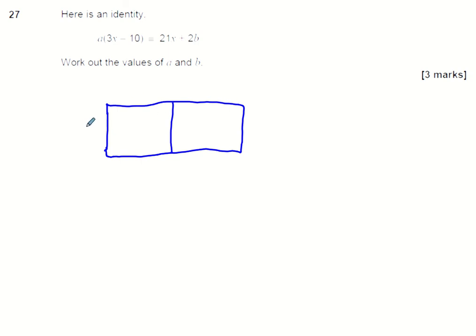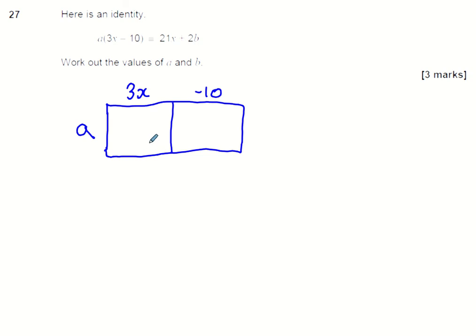The A is the one single item here, the 3x is here, and the minus 10 is here. That's just showing me very clearly what I'm supposed to be multiplying to get the answers to these 2 boxes. So for this box, we are literally going to be doing A times 3x.